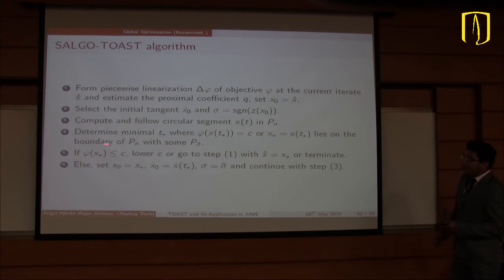Else, if the function value doesn't hold this inequality, that is, the function value is still higher than the target level, then we set our iterate at the point on the boundary of this polyhedron, and go to step 3. Okay, and make these circles again.